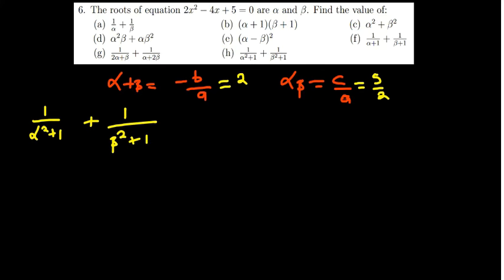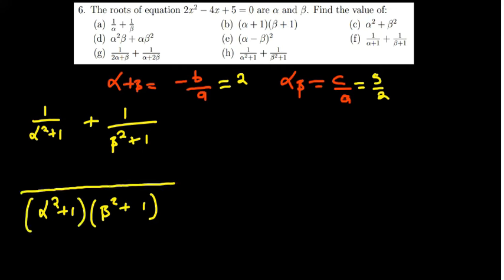So how do we handle that? We're going to have the same procedure. We'll come with a common denominator, alpha squared plus 1, beta squared plus 1. So that into that, we get beta squared plus 1. The opposite is true. We get alpha squared plus 1.